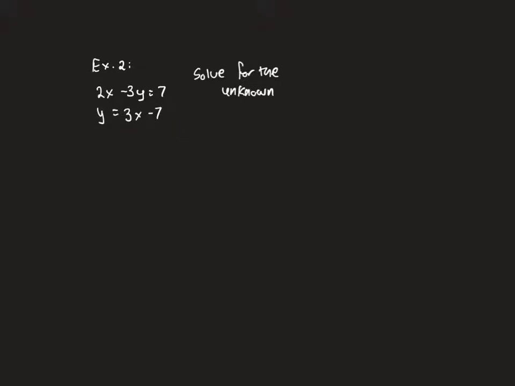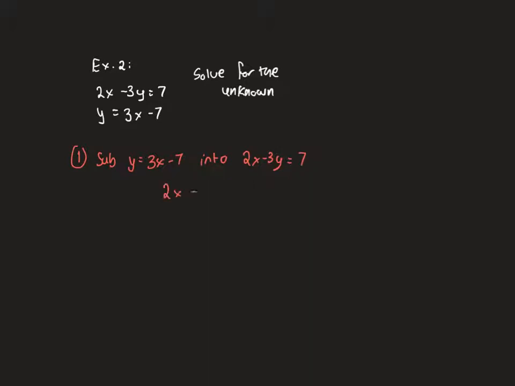Sure, it's not me telling you y is equal to 5, but I am telling you y is equal to something. So our first step still remains the same. You want to sub y is equal to 3x minus 7 into 2x minus 3y is equal to 7. Okay, so let's do that.